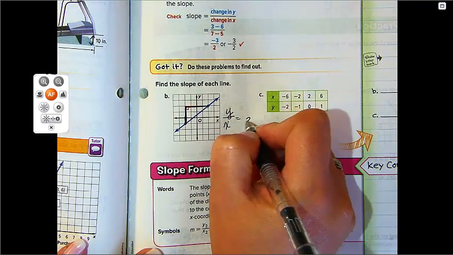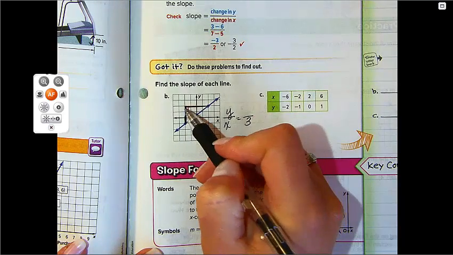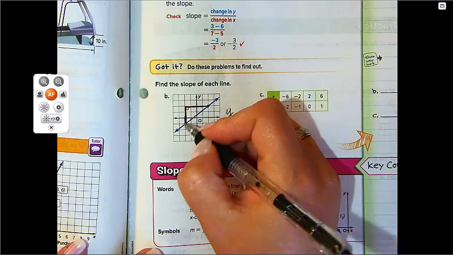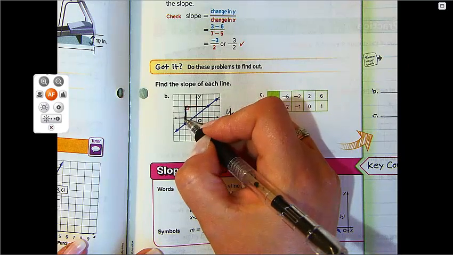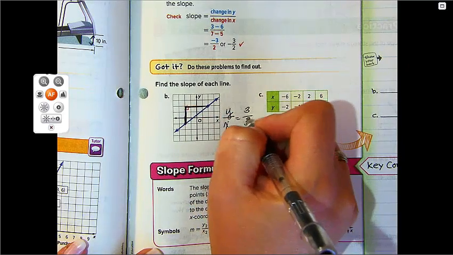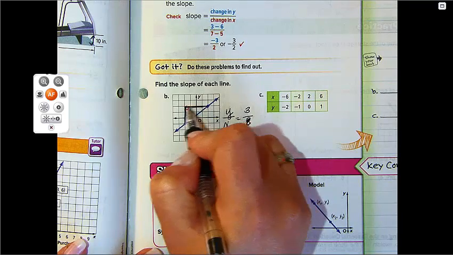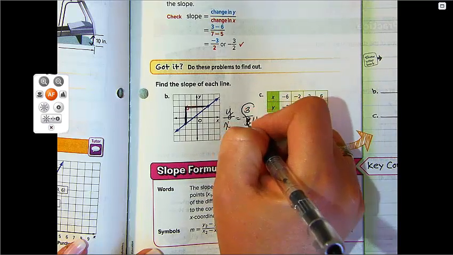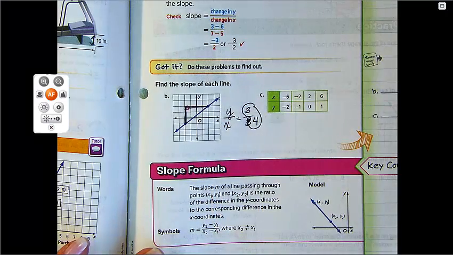So my change in x is 3. My change in y, oh, I told you that wrong. My up and down is my y. So my up and down is 3. I apologize for that. My side to side is my x, and my change in x is 1, 2, 3, 4. So my slope for that line is 3/4.